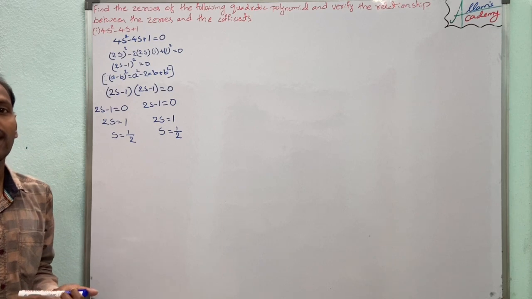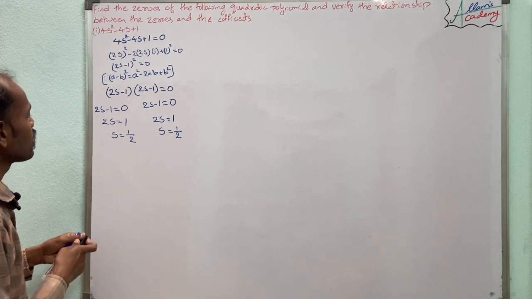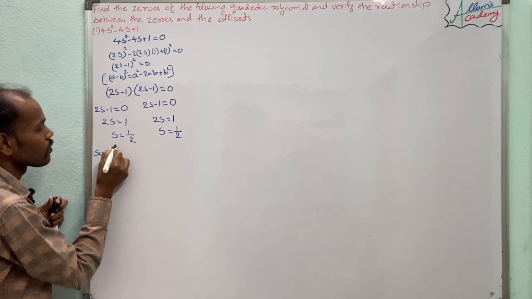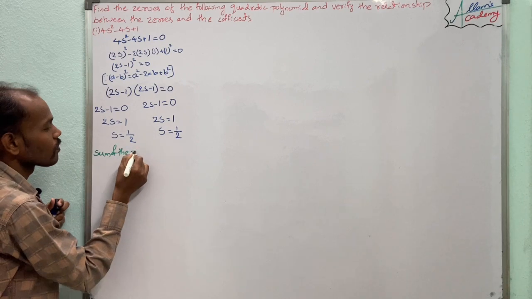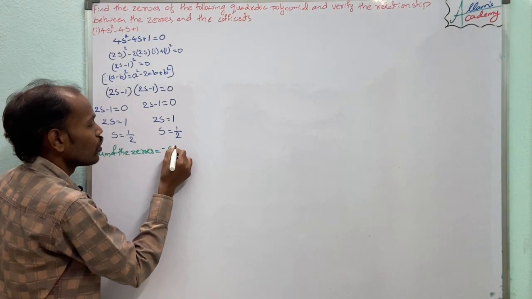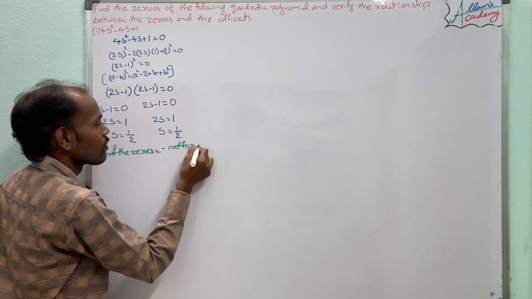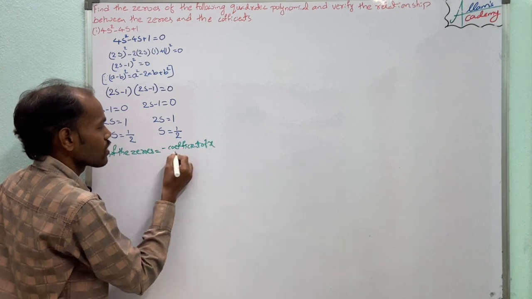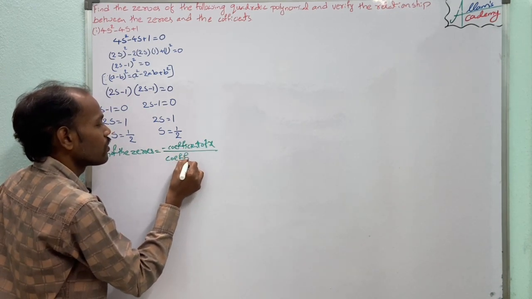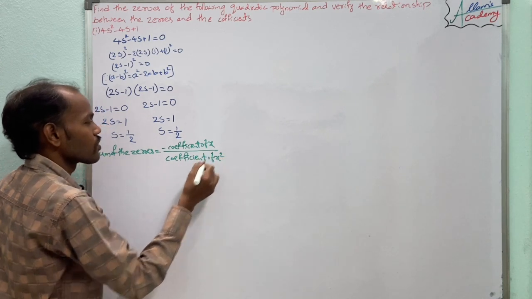Now checking the relationship. Sum of the zeros equal to minus coefficient of x by coefficient of x square.